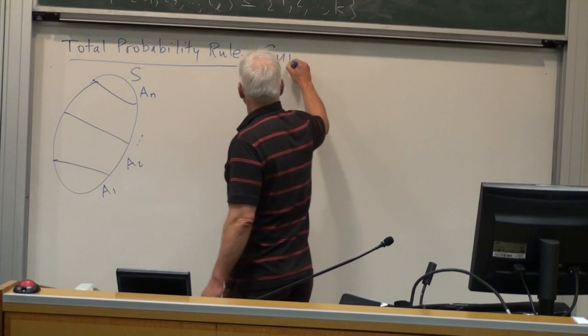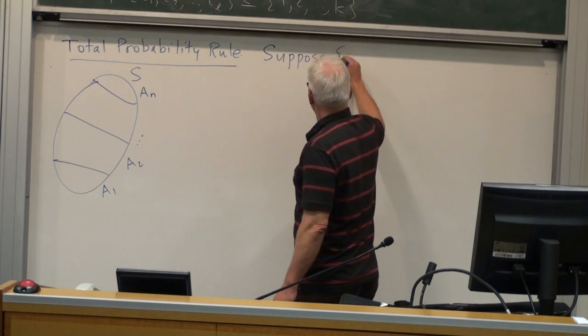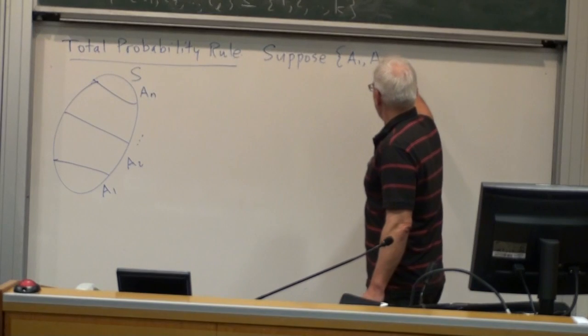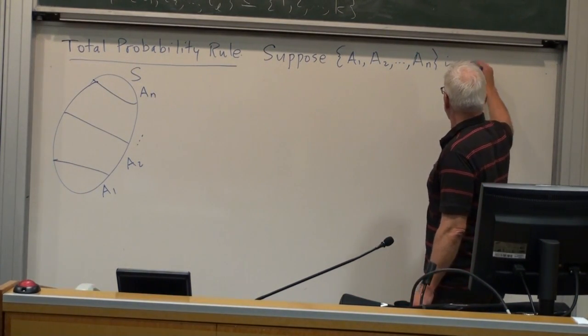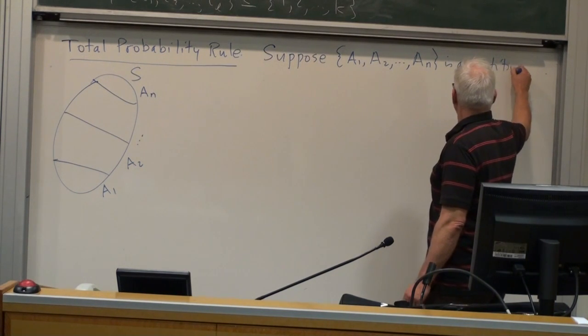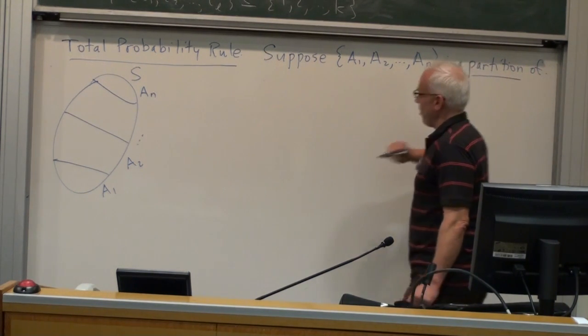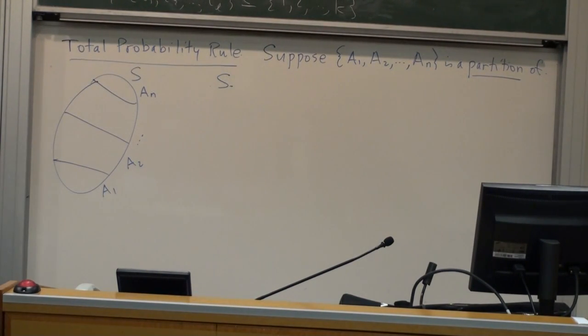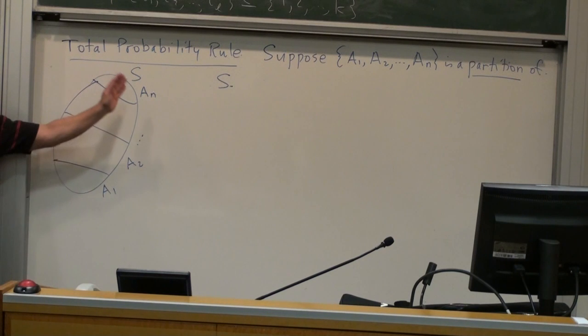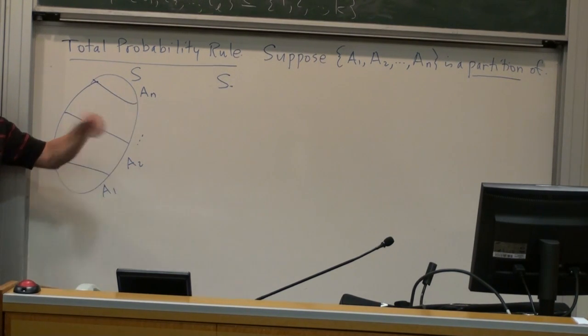So suppose that A1, A2, up to AN is a partition of S. I remind you what that means is that these are subsets which together their union is all of S, and there's no overlap.